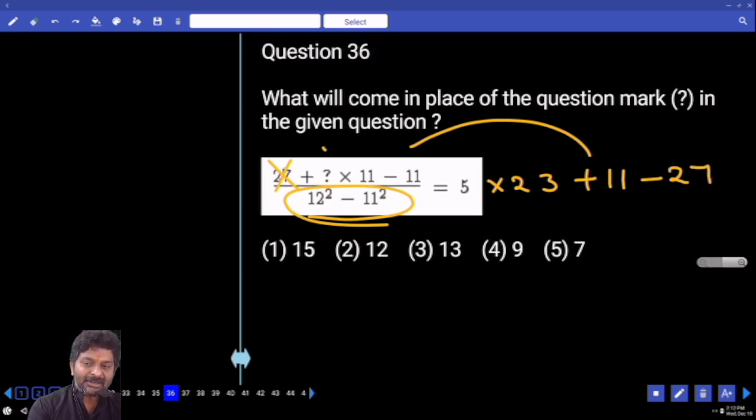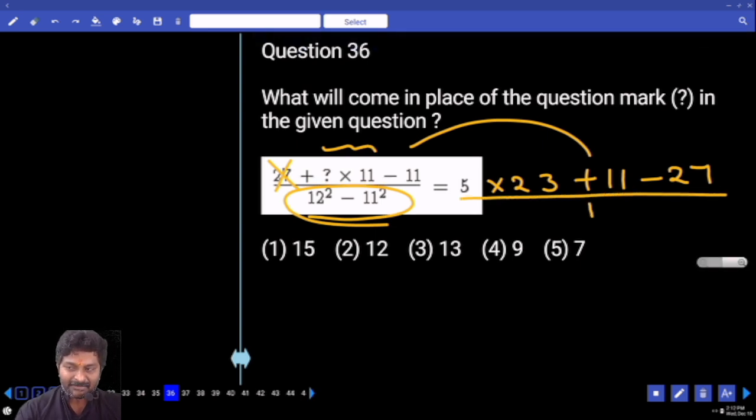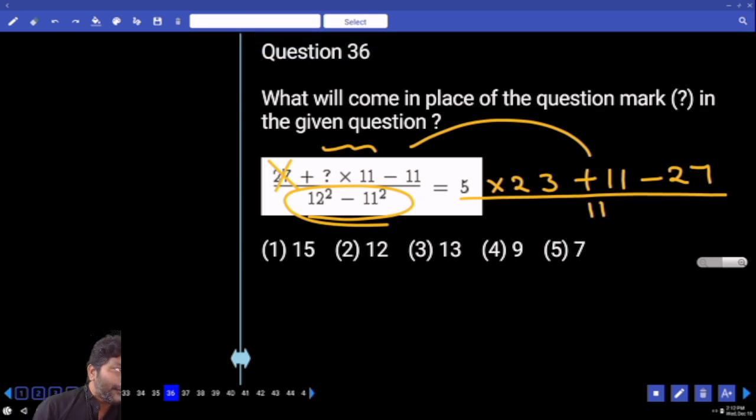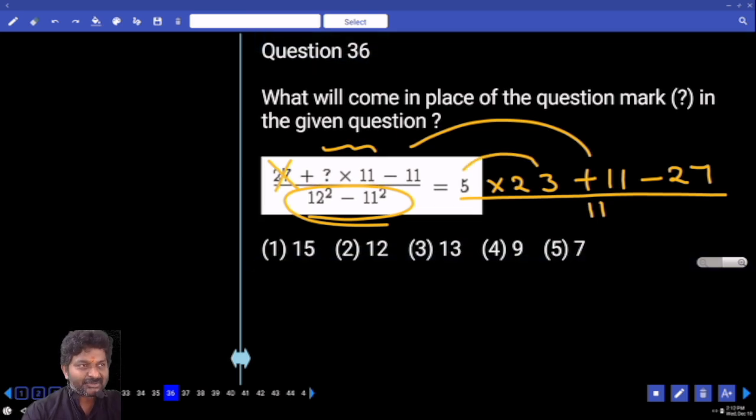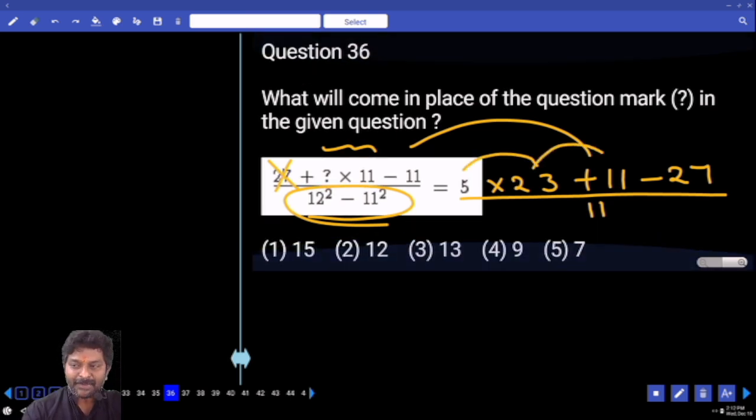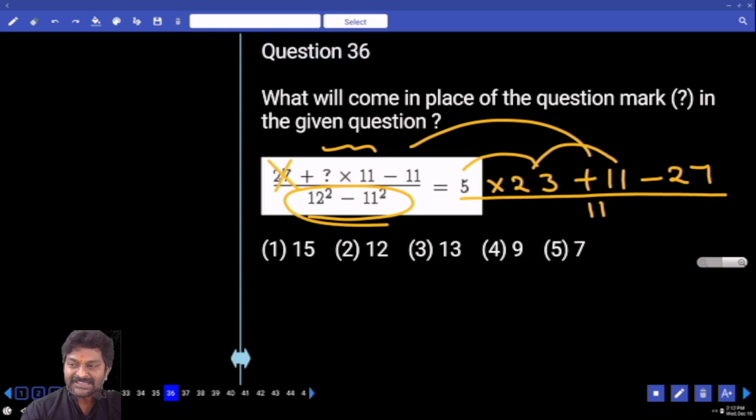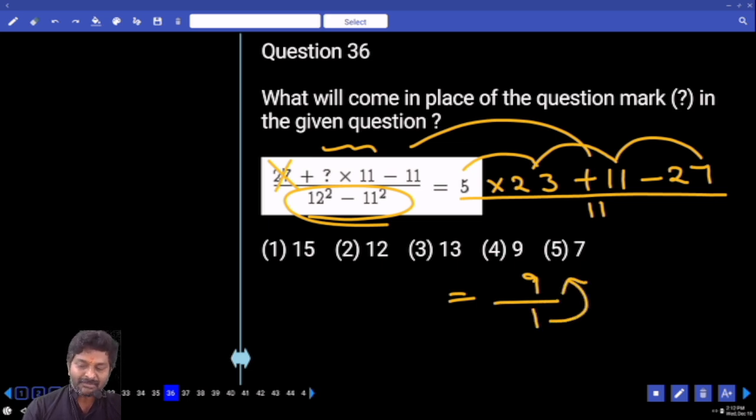That is equal to x into 11. Then the x value is equal to this number divided by 11. Clear? 5 3s ends with 5, plus 1 ends with 6, minus 7 ends with 9 in the numerator, denominator ends with 1. 1 into which number ends with 9? Fourth option is the answer.